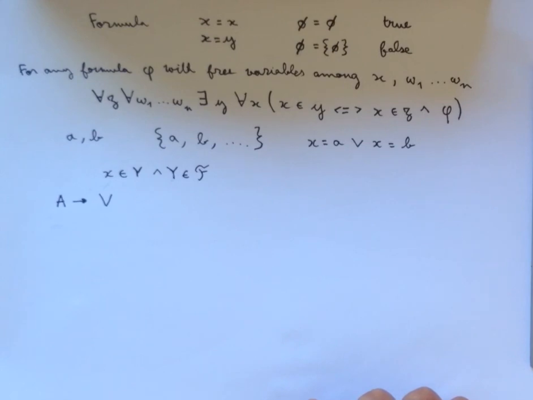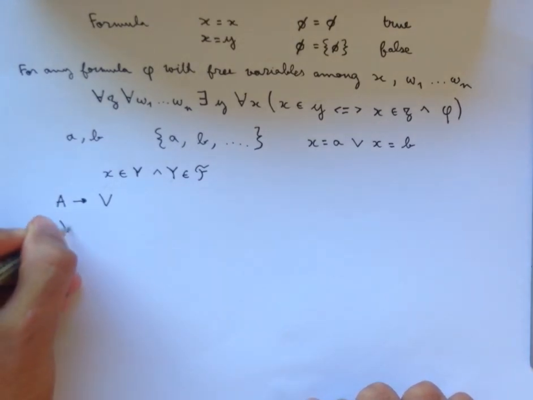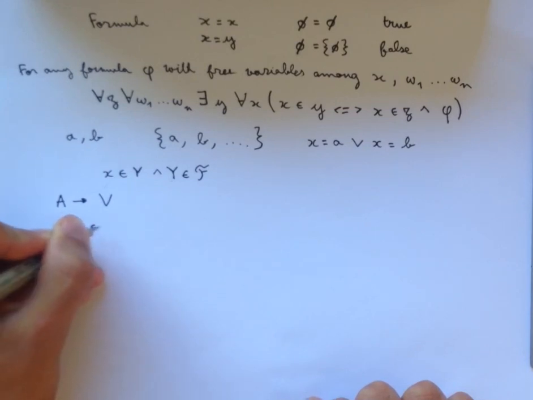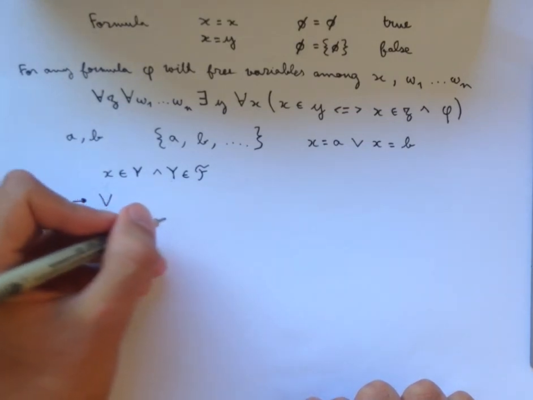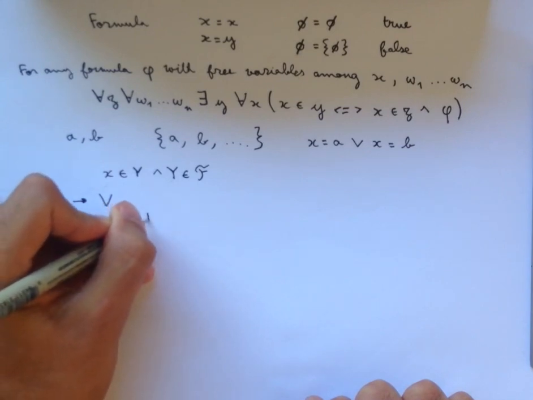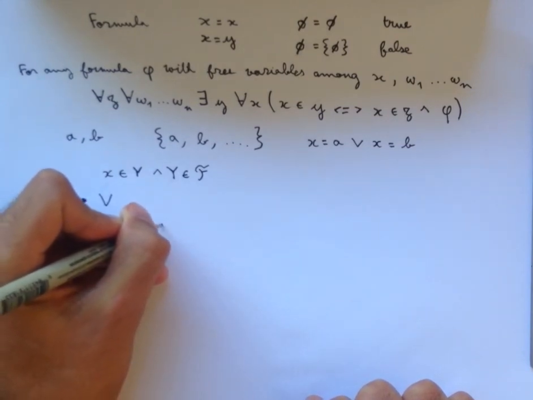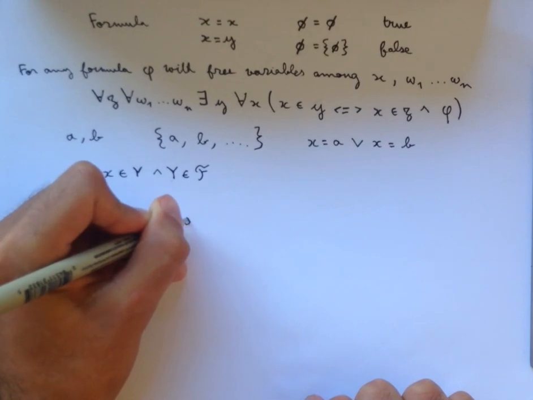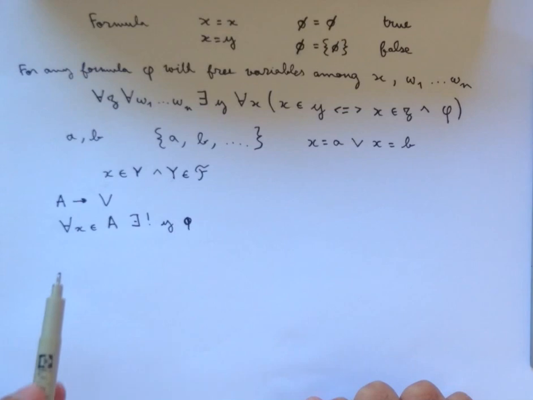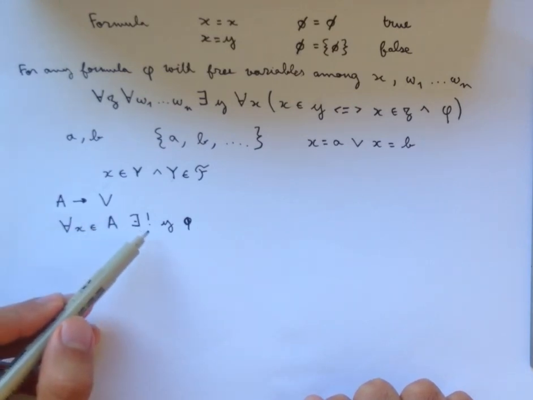And so to turn our formula into a function, we're going to want it to have a specific condition, which is that for every x in A, there exists a unique y satisfying phi. And so this exclamation point means that there exists something, but it's unique.